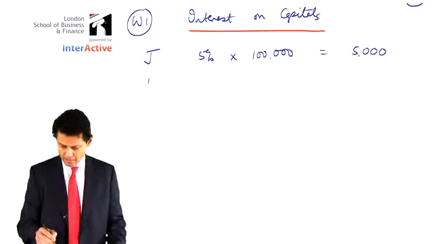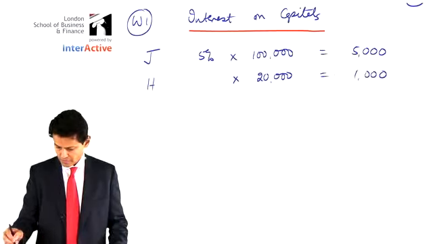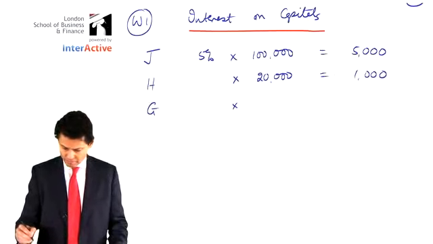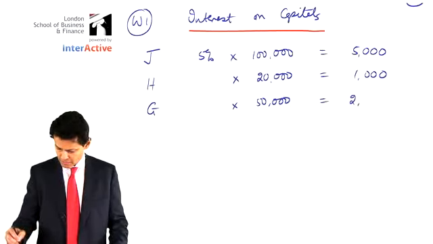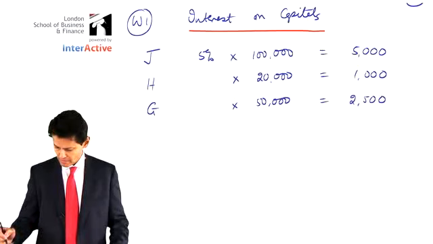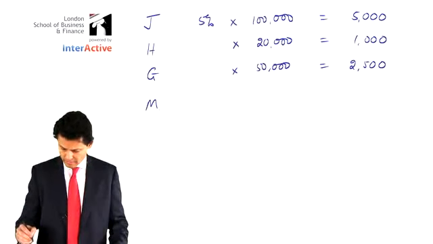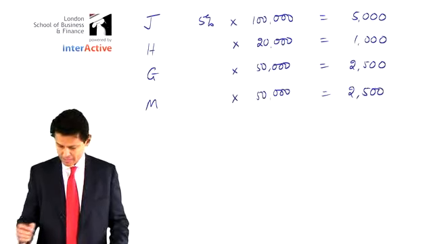Then we have Howard, which is obviously 5% multiplied by 20,000, so that's 1,000 of course. Then we have Gary, 5% multiplied by 50,000, and that's 2,500. And then you have Mark, multiplied by 50,000. Clearly that should be the same as Gary, 2,500.